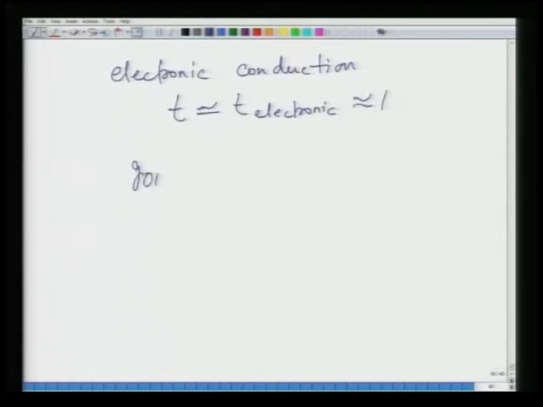And in case of ionic conduction, t will be equal to t ionic, and this would be equal to 1. And when you have mixed conduction, then of course t is a composition of both electronic and ionic conductivity. Okay. So, now I will give you some values of conductivity and transference numbers for various ionic systems.